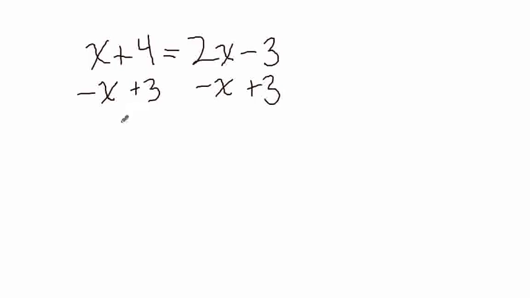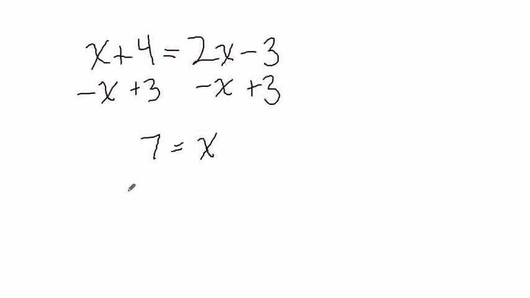So on the left side, we will have a 7 left over. On the right side, we'll have a single x left over. Now, after making those adjustments, it should be pretty clear that the value of the mystery variable that satisfies both sides is 7. In fact, if you replace the x in the first equation with 7, you'll see that both sides are indeed 11.